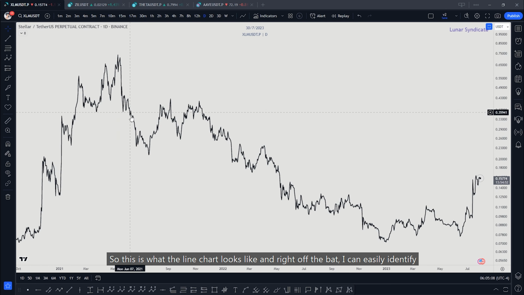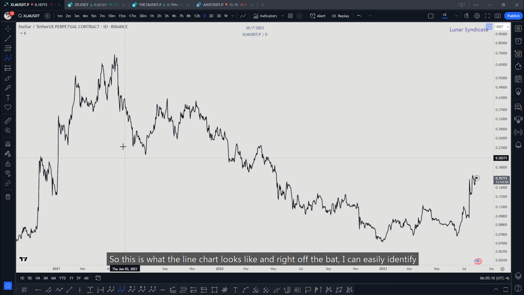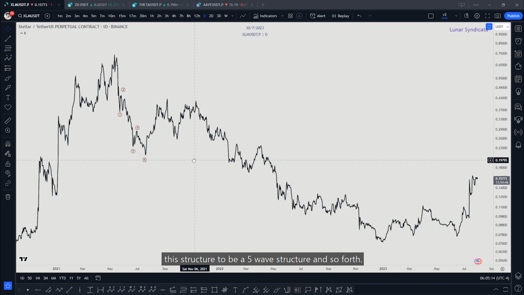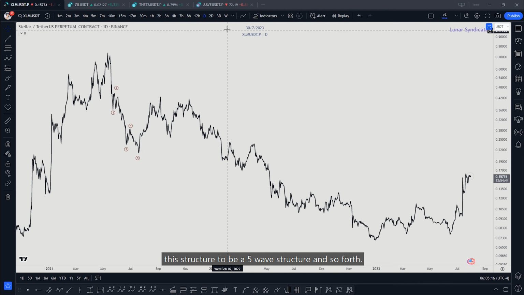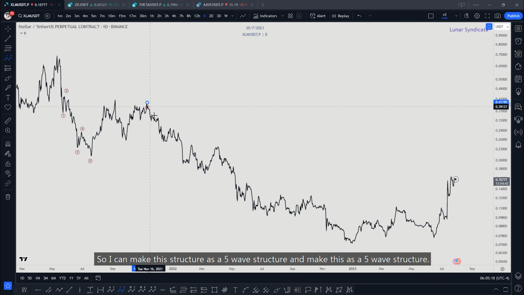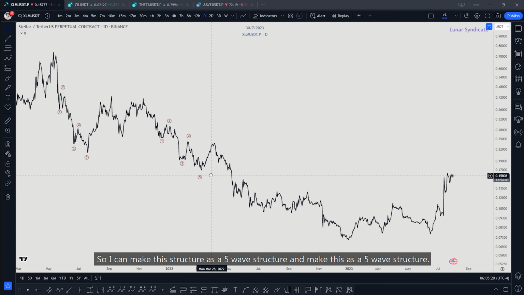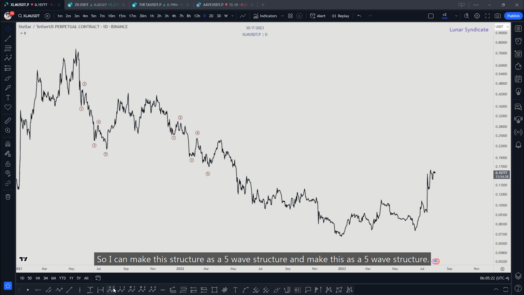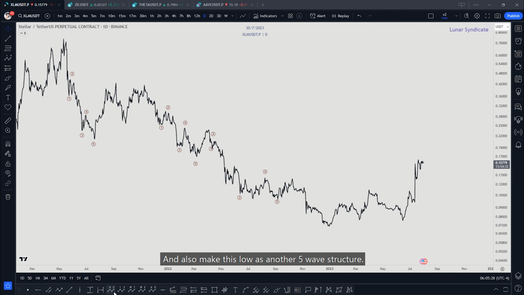So this is what the line chart looks like, and right off the bat, I can easily identify this structure to be a 5-wave structure, and so forth. So I can mark this as a 5-wave structure, and this as a 5-wave structure, and also this low as another 5-wave structure.